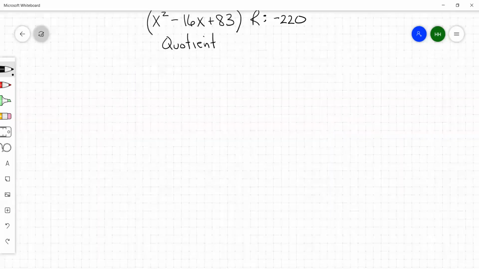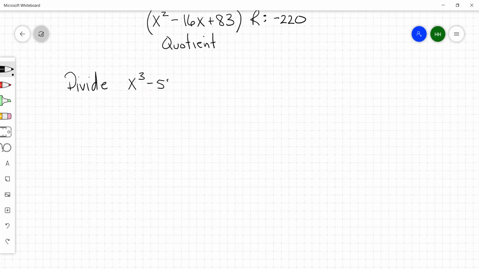Now we're going to divide x to the third minus 57x plus 56 by x minus 7.